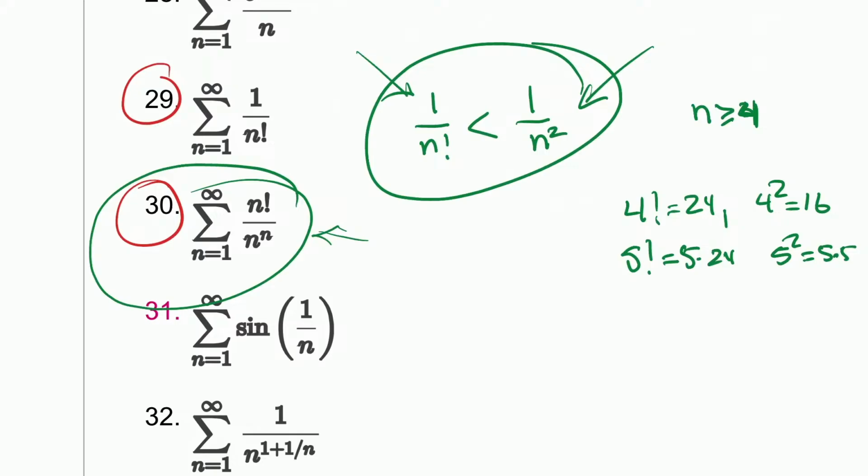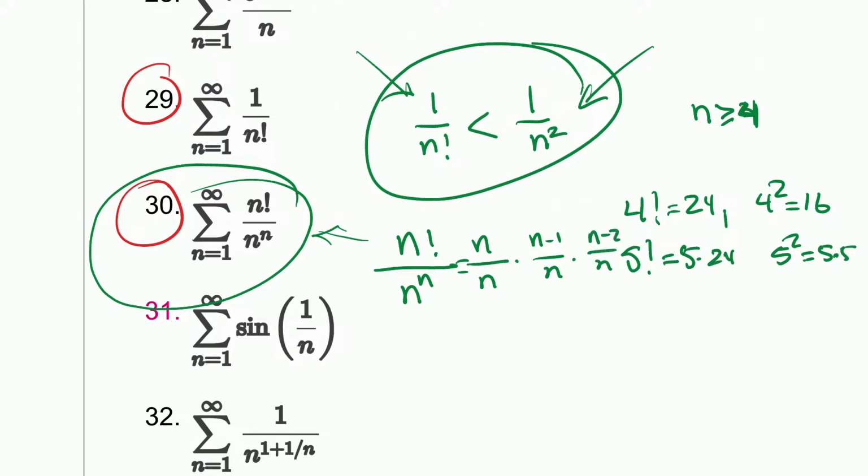That one's a little bit trickier. Here's how I might do this. n factorial over n to the n. What's that going to be less than? Here, let's do it this way. So you have n over n times n minus 1 over n times n minus 2 over n.